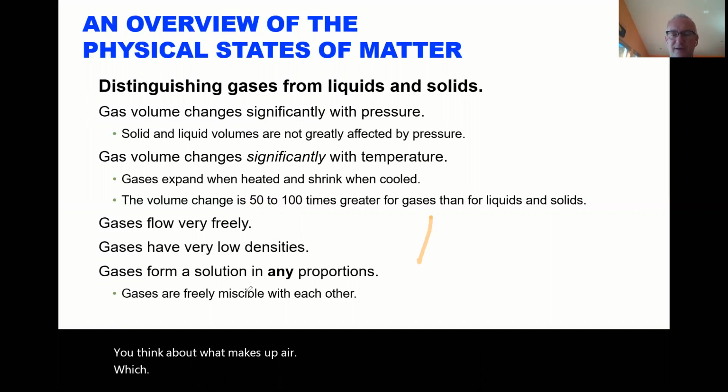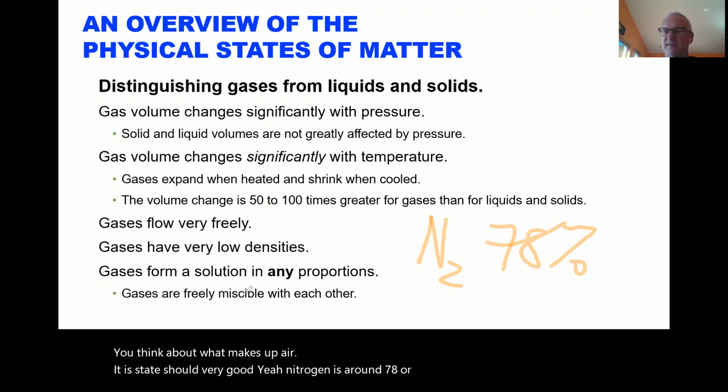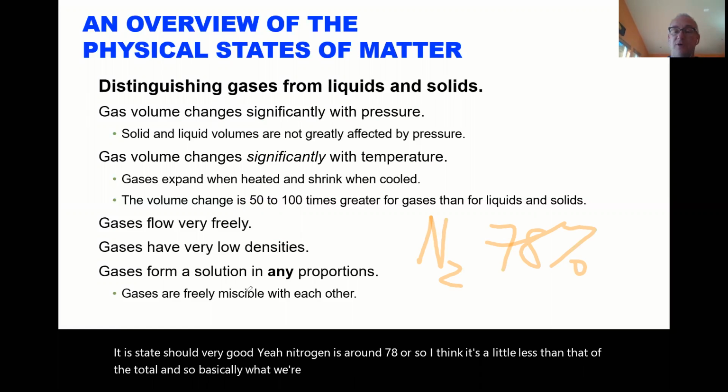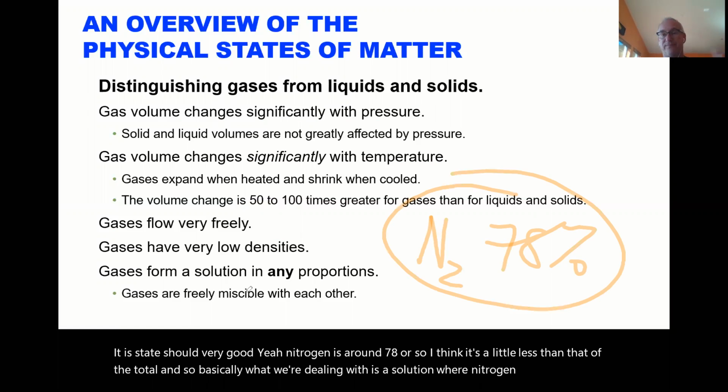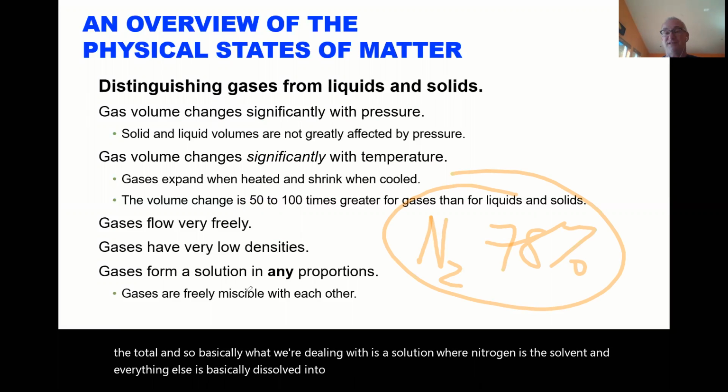It is nitrogen. Very good. Nitrogen is around 78% or so, I think a little less than that, of the total. So basically we're dealing with a solution where nitrogen is the solvent and everything else is dissolved into nitrogen. We just say nitrogen's the solvent because it's the most abundant.